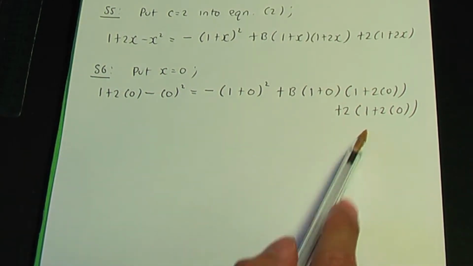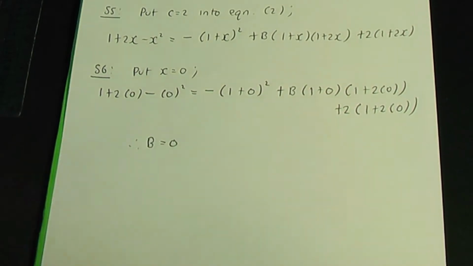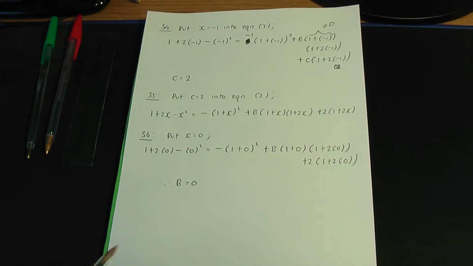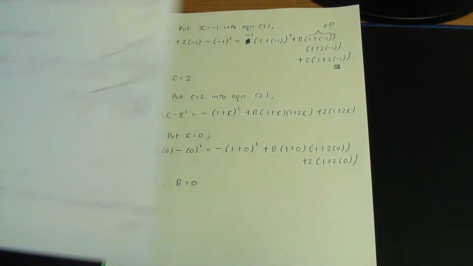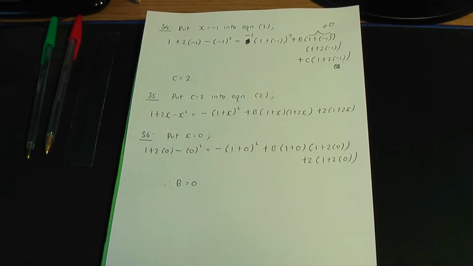Once you simplify that, you might find that the b constant has a value of 0. So we found the values of a, b and c: a is minus 1, b is 0, c is 2.